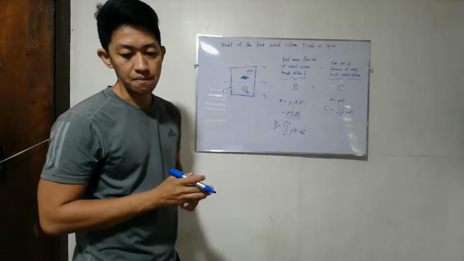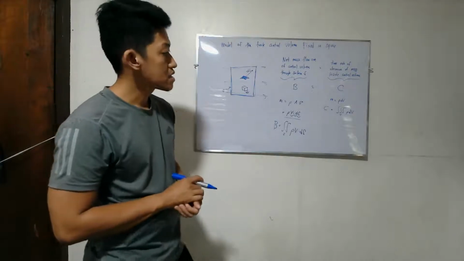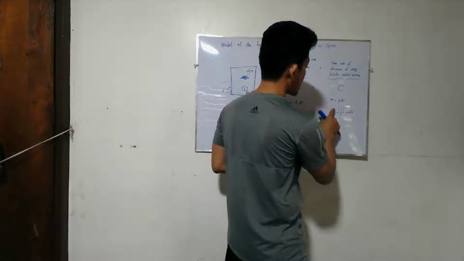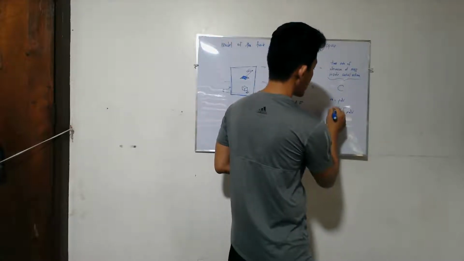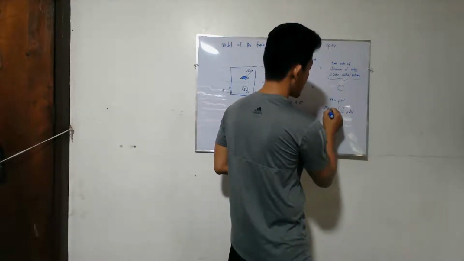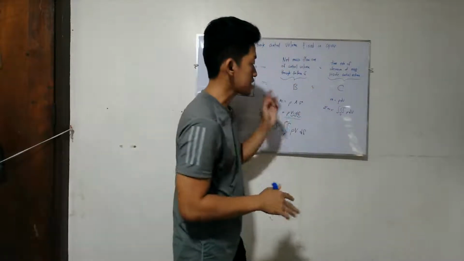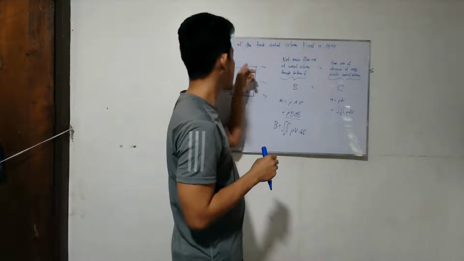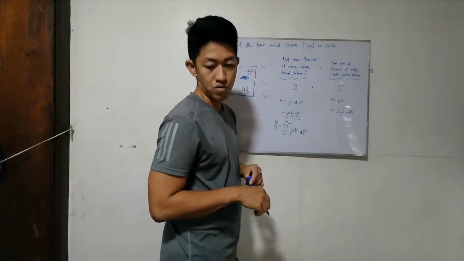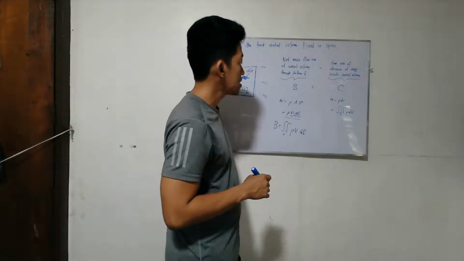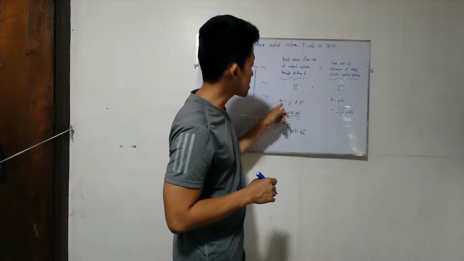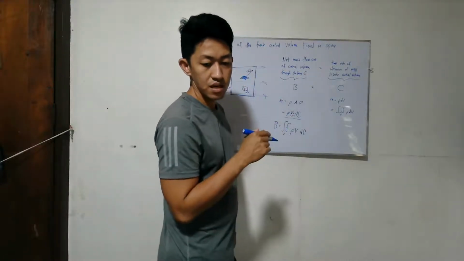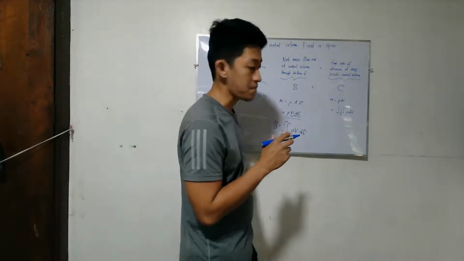Volume integral. Okay? By the way, this is still not C. This is the summation of the masses inside the control volume. Since C is a rate, we should differentiate this with respect to time.